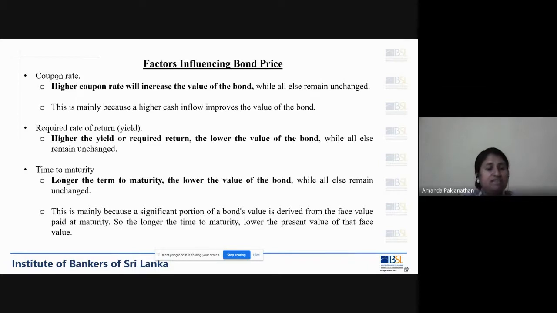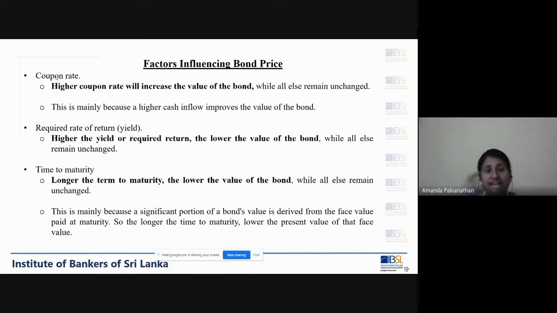If the investor expects a very low required rate of return, then he is okay with investing in a bond which has a higher value. Obviously, it will have a higher value to the bond then.